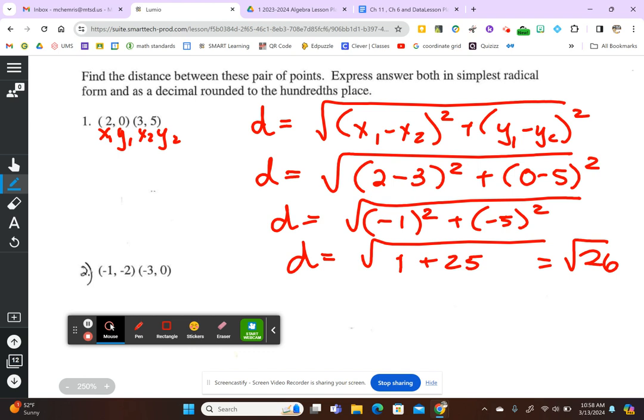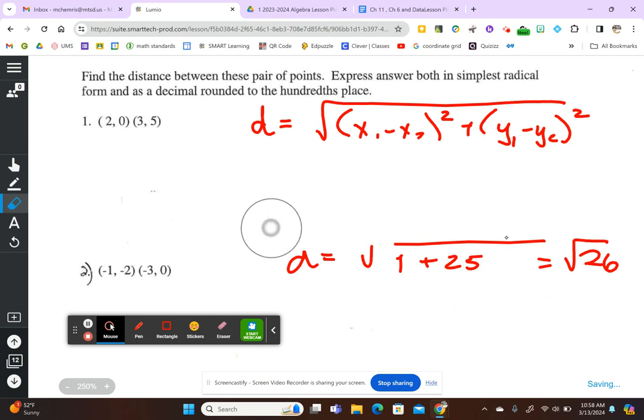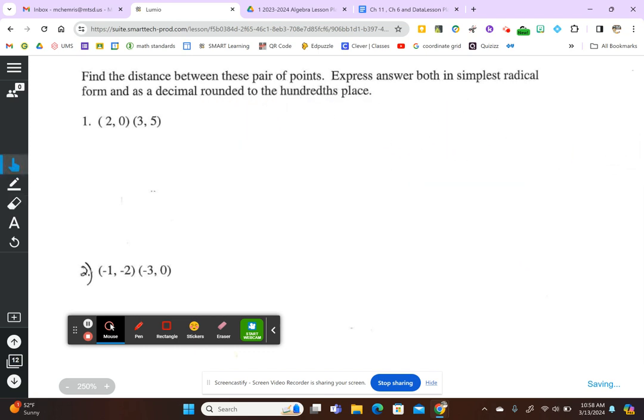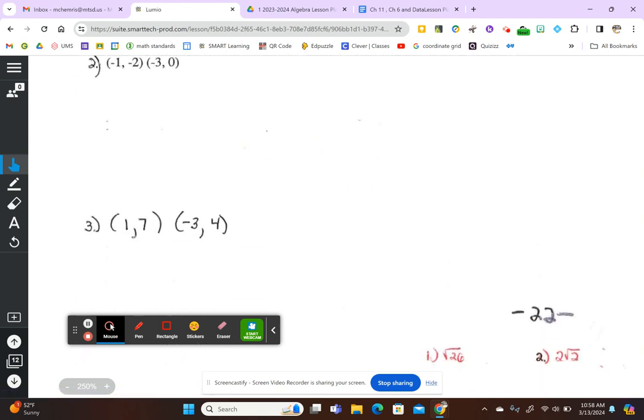Okay, so now let's look at the next one. If you think you got it, go ahead and copy this formula and try it on your own. Stop the video. If you want, you can just watch me do it. So for the next one, again, I'm going to label it x sub 1, y sub 1, x sub 2, y sub 2.